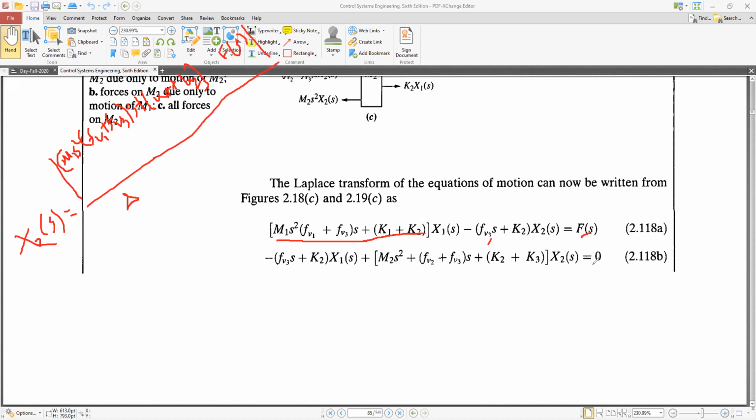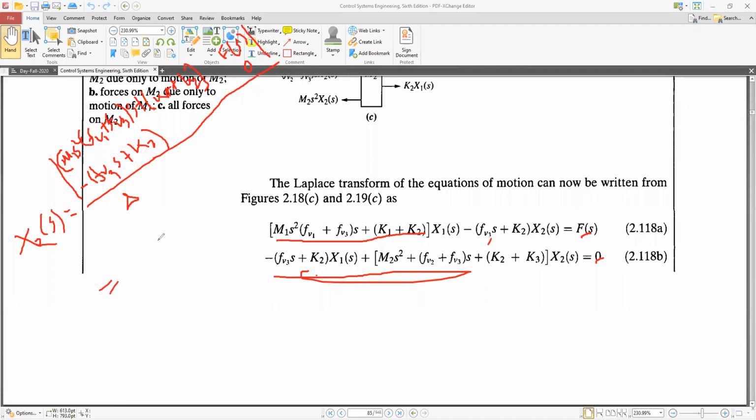And here 0, and minus (FV3 s plus K2), and here is a 0.